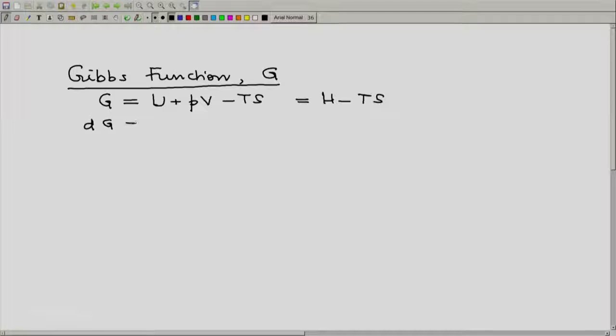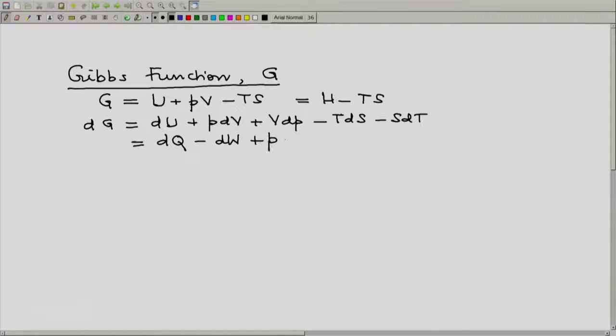Expand it, you will get dG equal to dU plus PdV plus VdP minus TdS minus SdT. Now let us expand dU using the first law, that will be dQ minus dW plus PdV plus VdP minus TdS minus SdT.